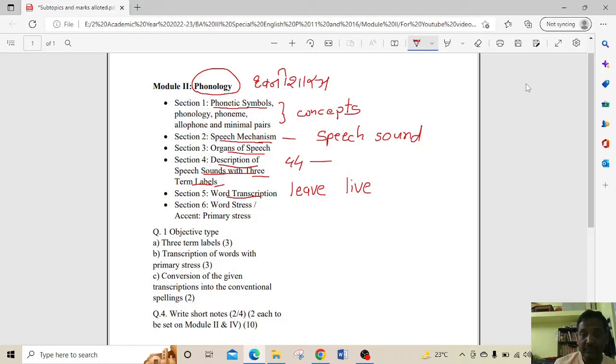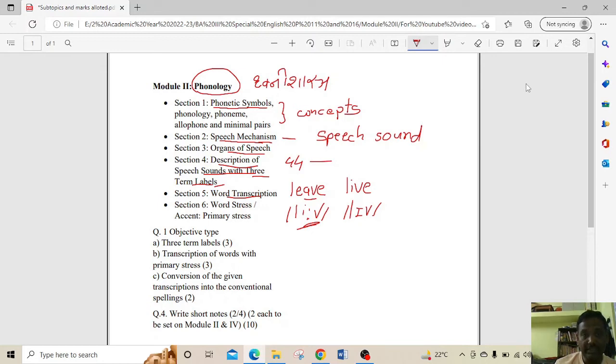In the first, the vowel is long and here it is short. So leave and live. What I have done here is phonetic transcription of these words. So what is this concept, we are also going to see in this section.